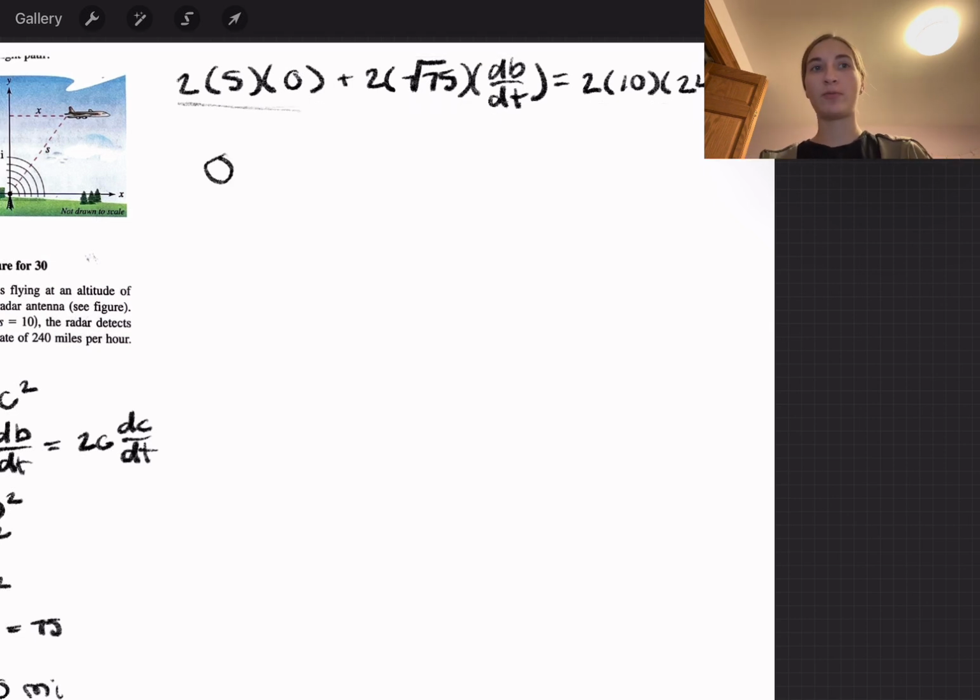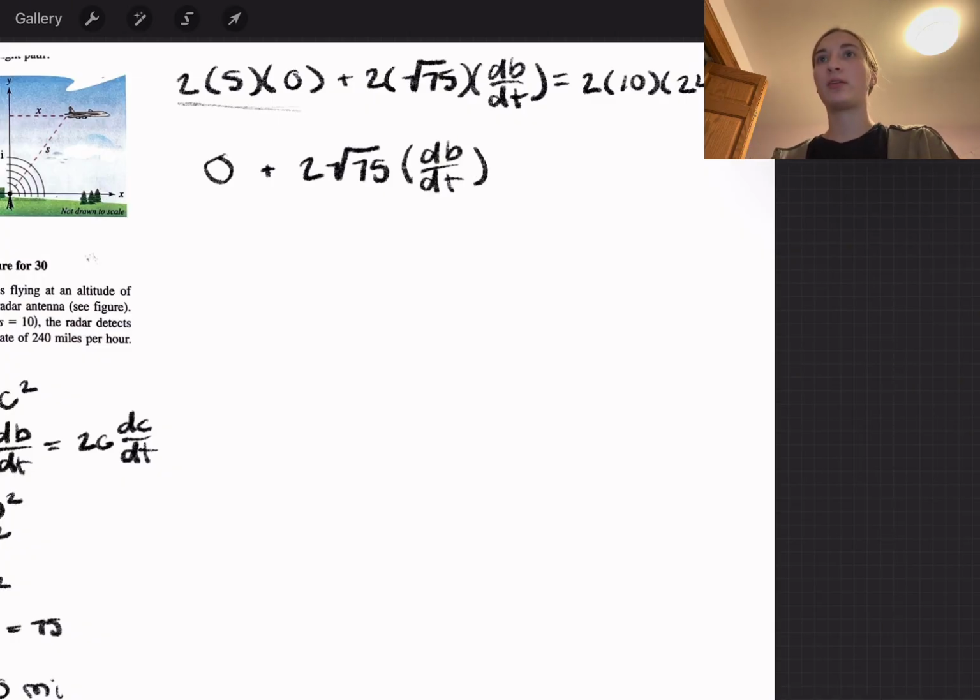So we have 0, since 2 times 5 times 0, anything times 0 is 0, plus 2 times the square root of 75 times dB dt, and that is equal to 4,800, since 2 times 10 times 240 equals 4,800.